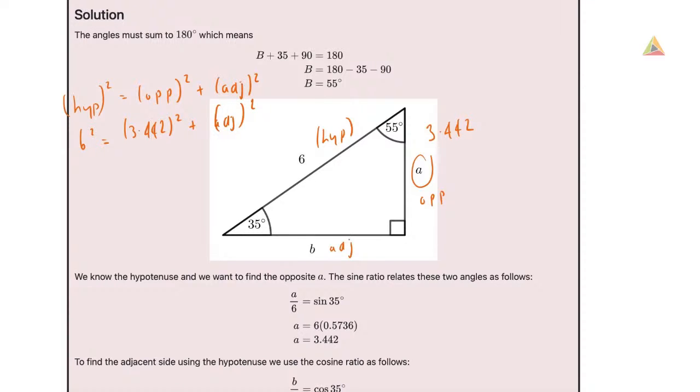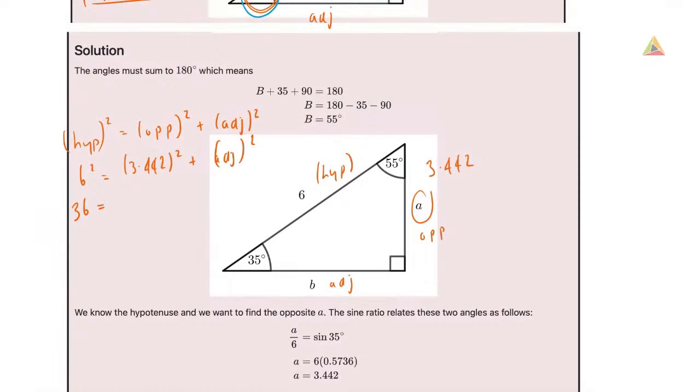So 6 squared is 36. When you square 3.442, you get 11.85. And you add that to the adjacent squared. Now, we want to bring numbers to one side and the unknown to the other.